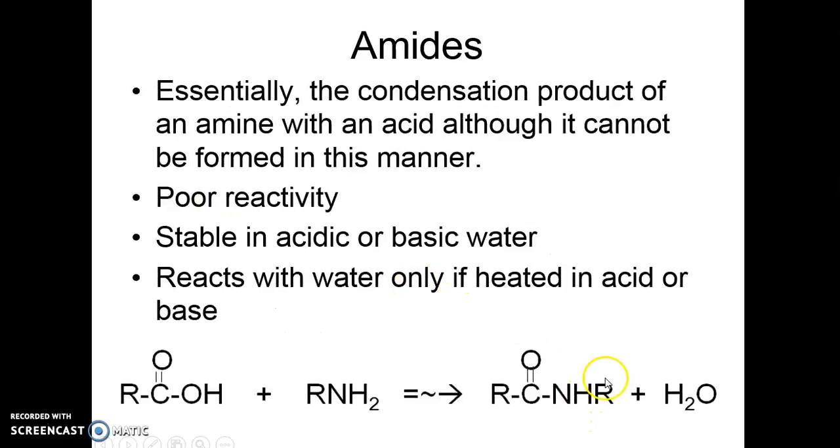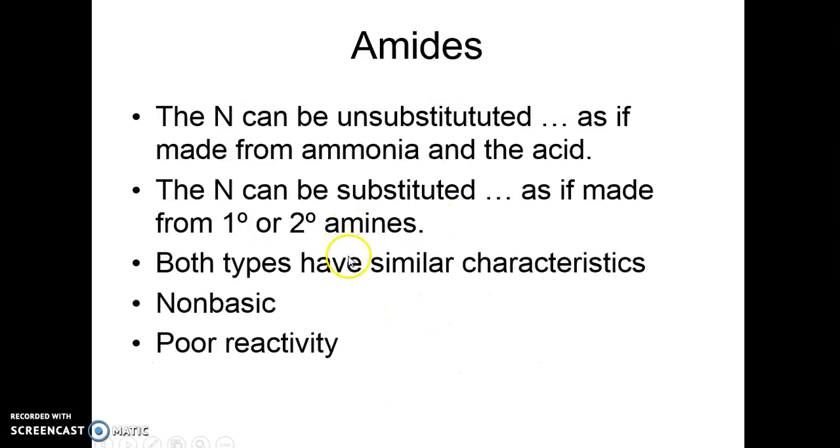As I'm showing you right here, this nitrogen has 1 alkyl group on it, but it actually could have 2 by removing the hydrogen and putting another alkyl group. Both types of amides have similar characteristics, so there's very little difference between a primary, an unsubstituted amide and one that's monosubstituted or disubstituted. They're all non-basic and all with a relatively low reactivity.